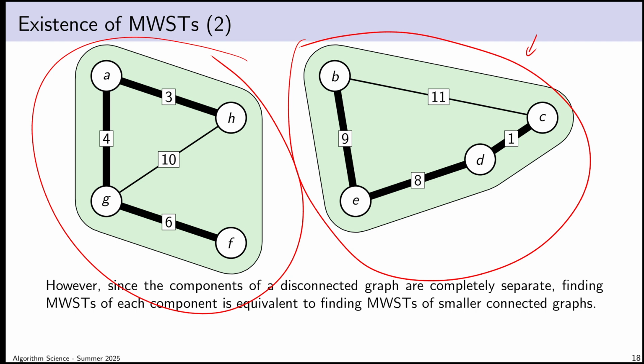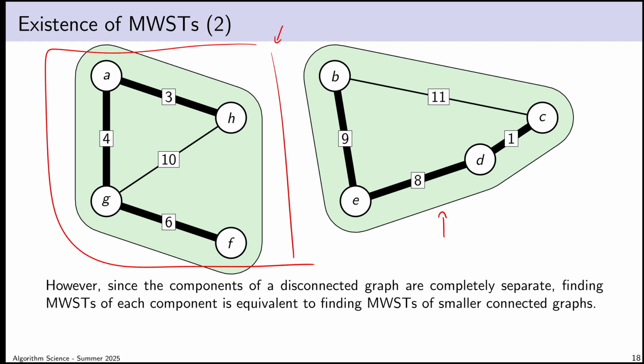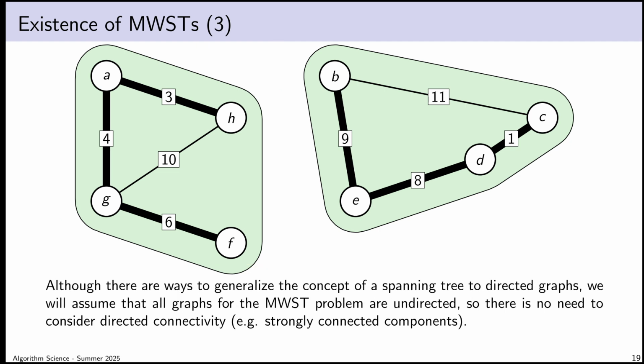Now, what this tells me is that if I have some algorithm for the minimum weight spanning tree problem, I could always create this minimum weight spanning forest by just breaking the graph up into pieces and then treating each piece as its own separate independent graph. So, in other words, what I'm building to here is the idea that I should be reasonably allowed to assume that the graph we're working with for the rest of this lecture is in fact connected.